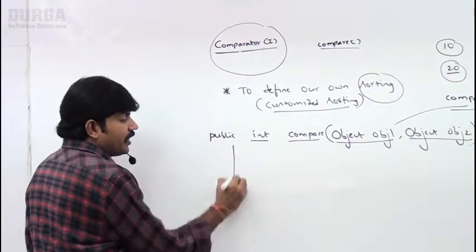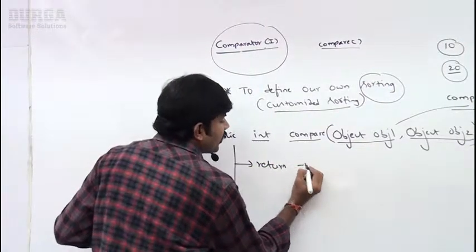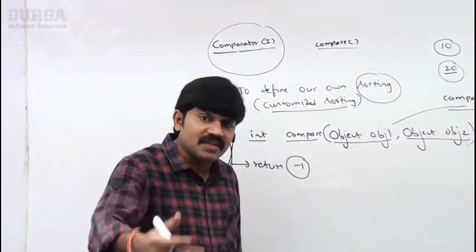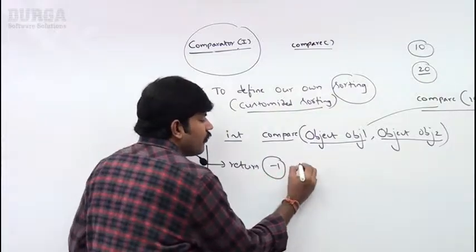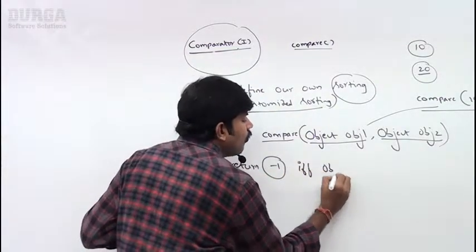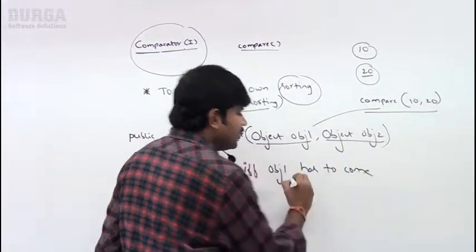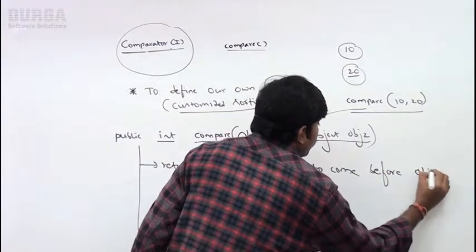Remember this, it is very important. It returns a negative value, need not be -1, it can be -100, -1000, any negative value, if and only if OBJ1 has to come before OBJ2.